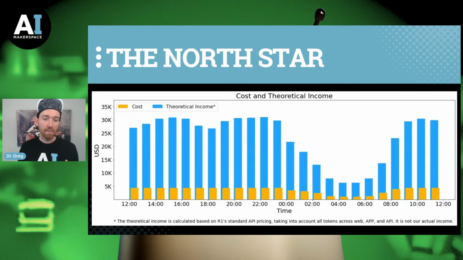You don't have to understand much about it to see that we have income and USD here, and the yellow bar cost is quite low, and the blue bar theoretical income is quite high. And this is really cool.